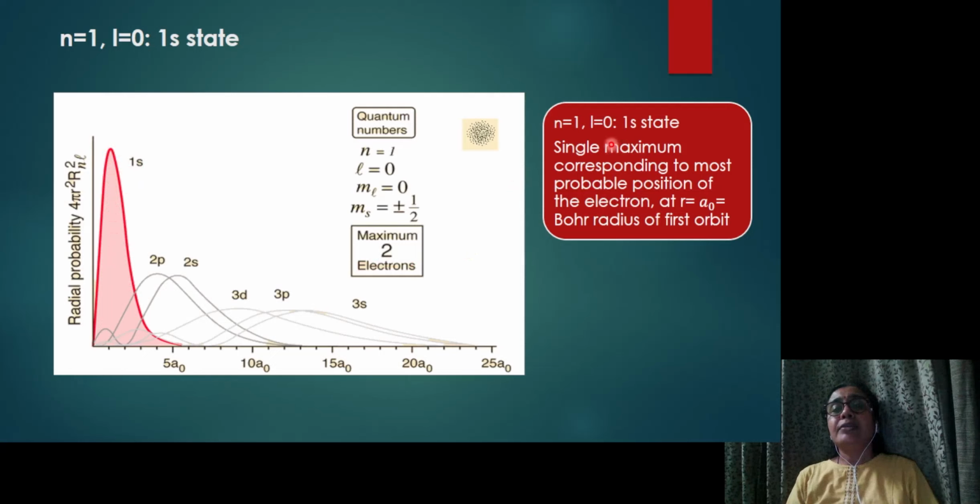So for the 1s state there is a single maximum, corresponding to the most probable position of the electron at r equal to a0, which is nothing but the Bohr radius of the first orbit. So the maximum is obtained at distance a0 from the nucleus.